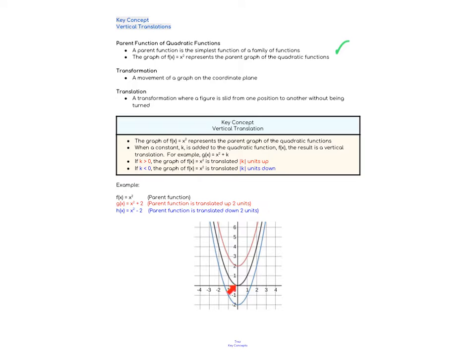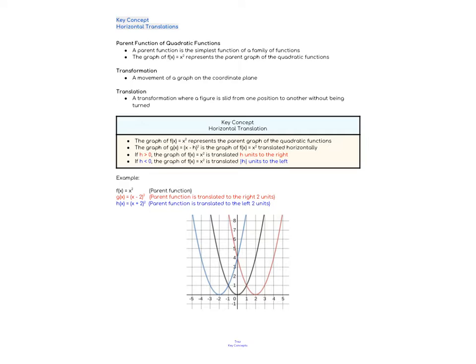So it started here, and then it translated plus 2, so it went 2 units up. Plus 2, that is the k in the function. h of x, the blue parabola, is x squared, our parent function, minus 2. So now, since k is minus 2, that means it translated 2 units down.